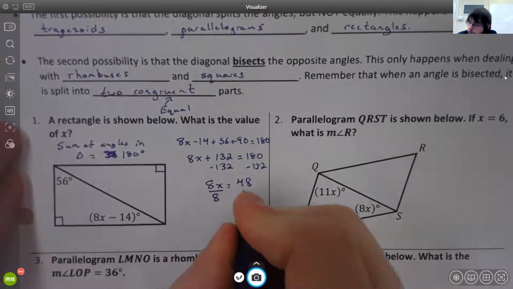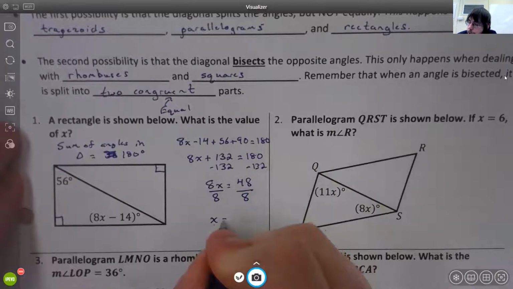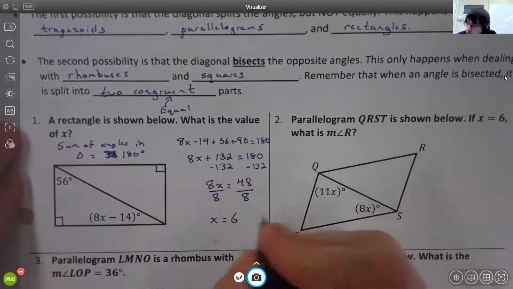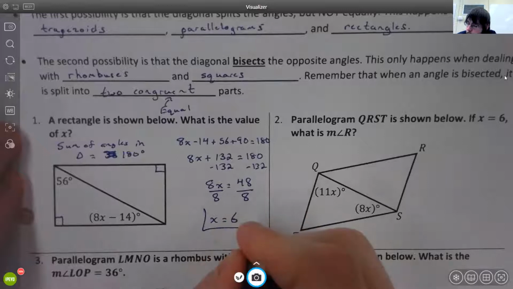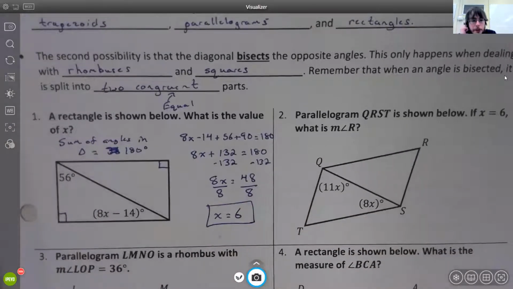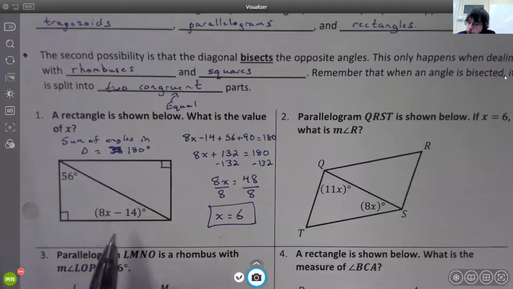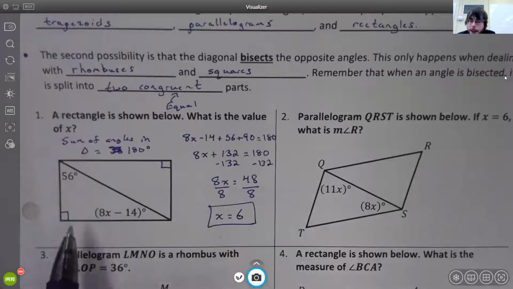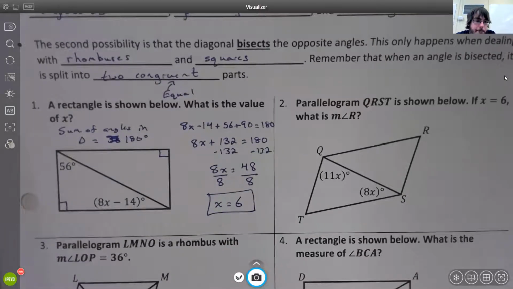Divide both sides by 8, and we get that x is equal to 6. And if you want to plug that back in and check it, 48 minus 14 gives you 34. 34 plus 56 is 90, plus 90 is 180. Okay.